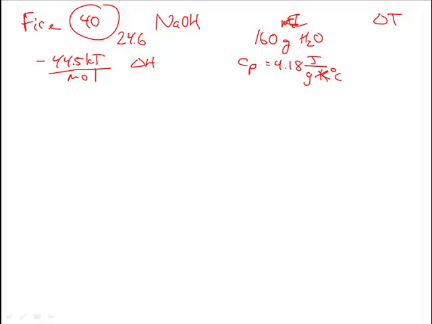The next thing is you've got 24.6 grams of NaOH. So you have to convert the grams to moles of NaOH. In NaOH, the molar mass is 40 grams per 1 mole. So you cross multiply this, 24.6 divided by 40.